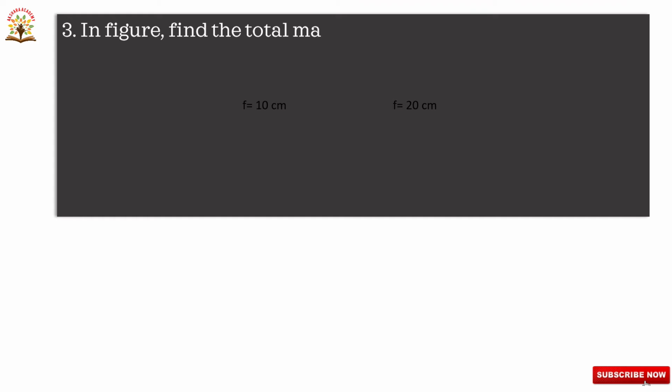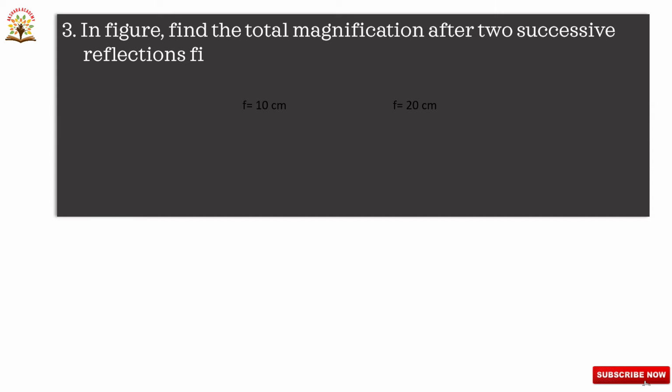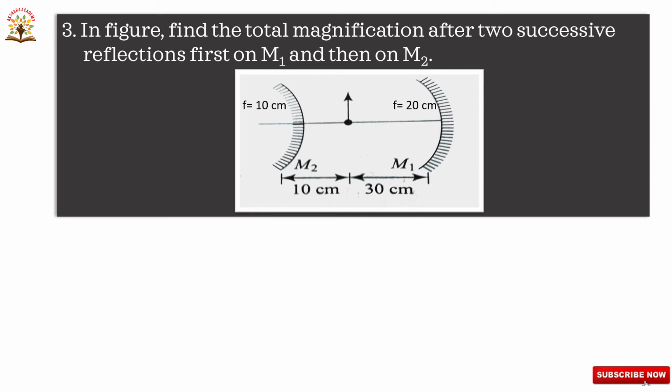In the figure, find the total magnification after two successive reflections, first on M1 and then on M2. See this figure. Here we are taking two mirrors, M1 and M2.